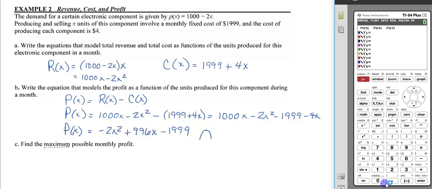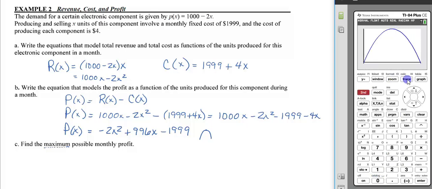One way we can do this is to put this into the calculator and graph it. Let's set our window to go from 0 to maybe 500, and we'll do a zoom fit, and we do see the vertex in that window.